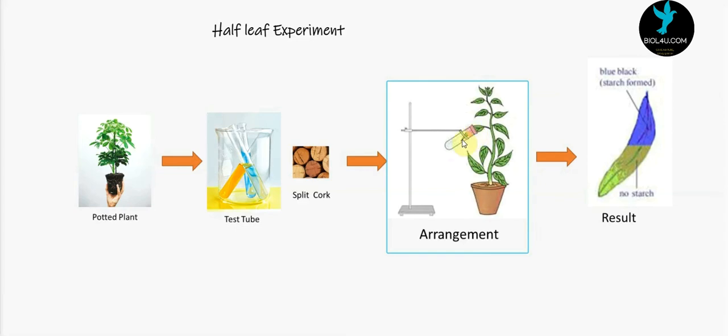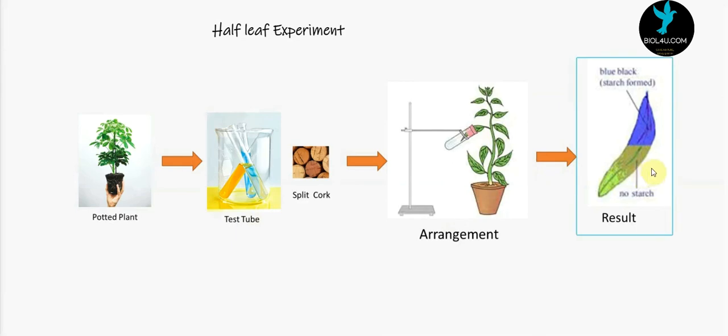So this experiment proves that carbon dioxide is essential for photosynthesis, and it is known as the half-leaf experiment because half the portion of the leaf inside the test tube lacks carbon dioxide, and the half outside has all the requirements for photosynthesis: carbon dioxide, light, chlorophyll and water. So these are the two experiments showing that light, chlorophyll and carbon dioxide are essential for photosynthesis.